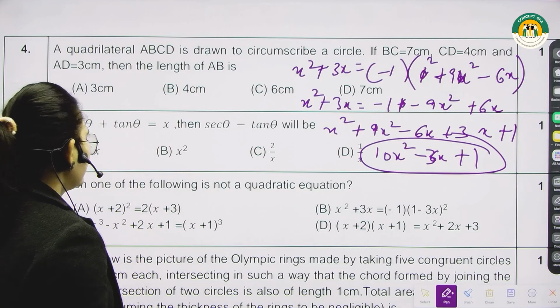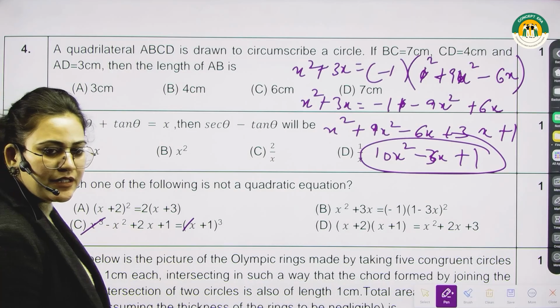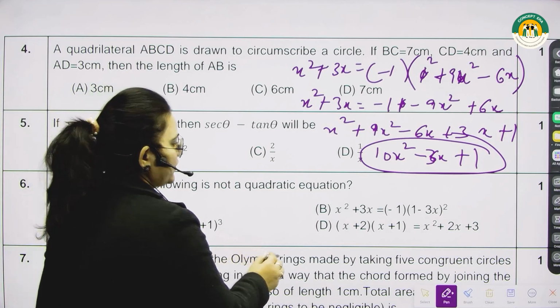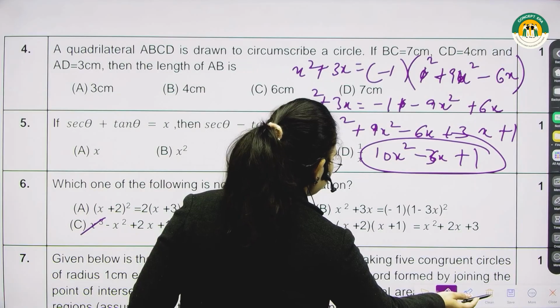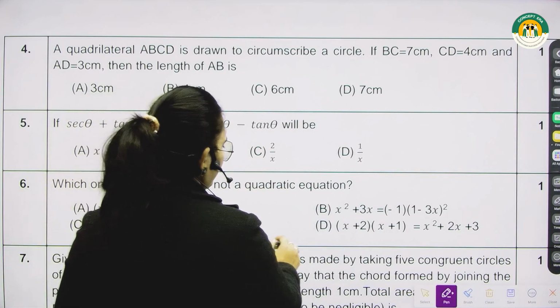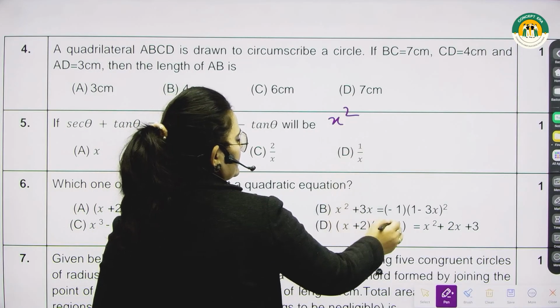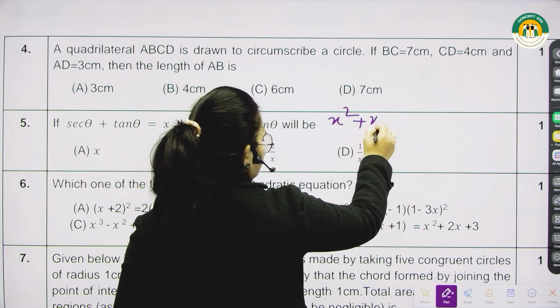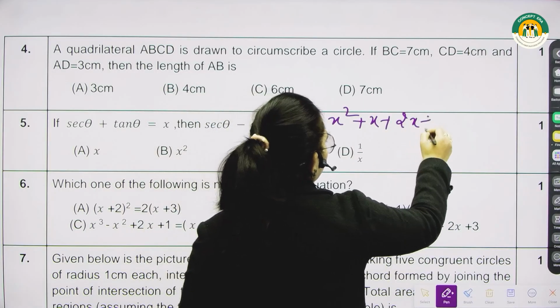This is also, here we'll cancel cube with cube, we'll apply the cubical identity. Let's solve the last part. x into x, that is x square, x into 1, it is x, 2 into x plus 2x, 2 into 1 plus 2.